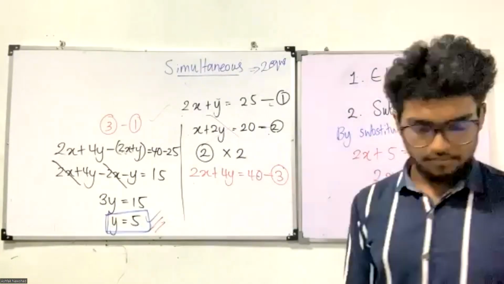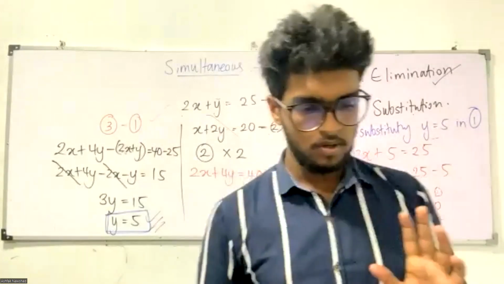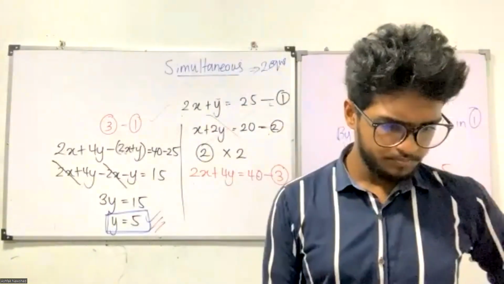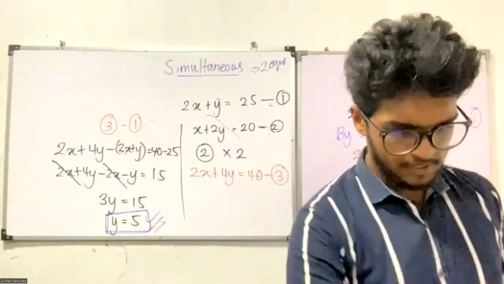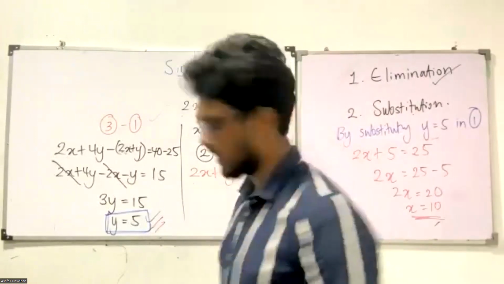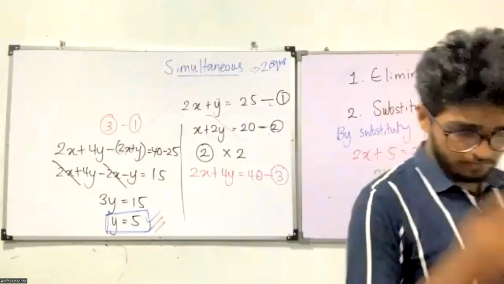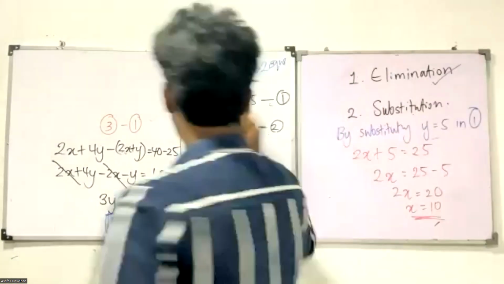Good. Now, if I give you a pair of simultaneous equations, I'll give you around 5 minutes. 5 minutes is pretty enough, I guess. Can you do it? Shall I erase this? Yes. Let's go.